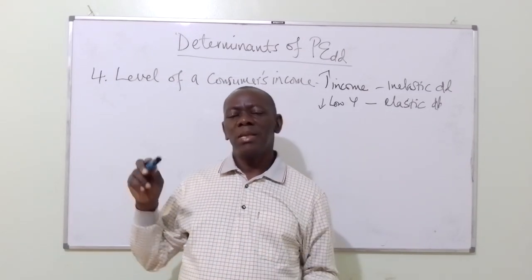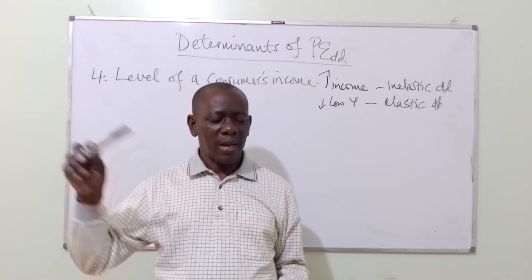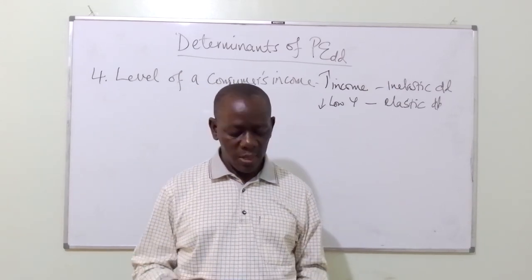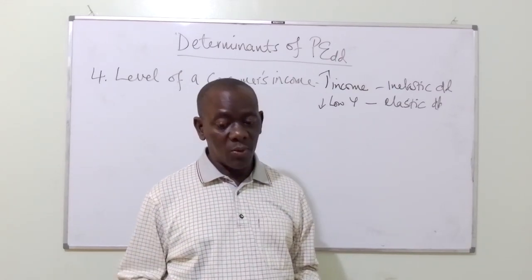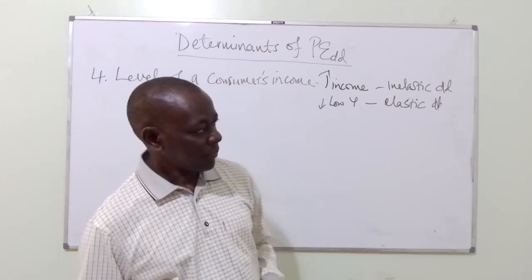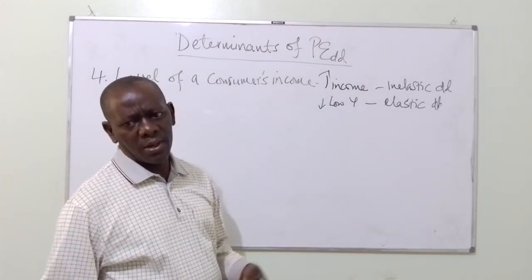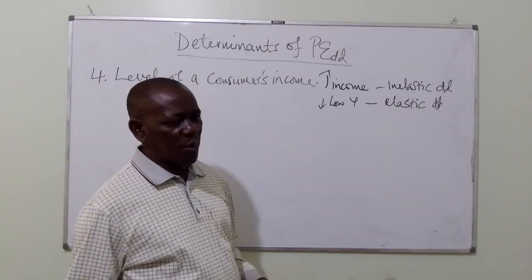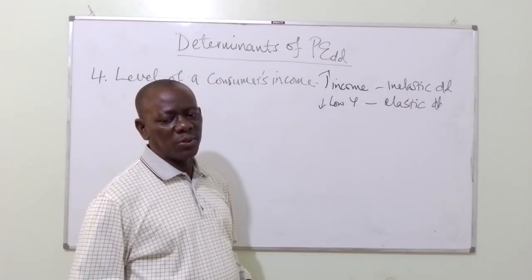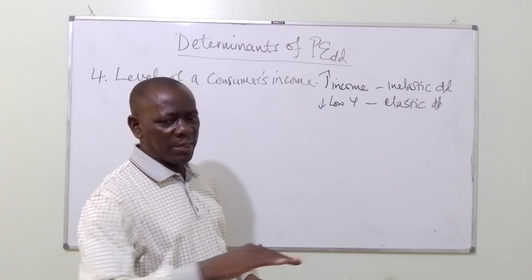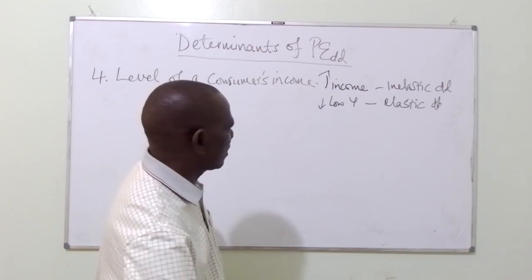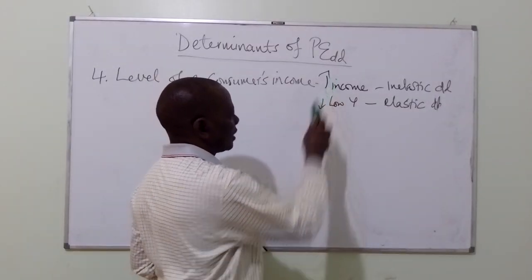It tends to be inelastic among those who have high income, and it is elastic among those who have low income. I've said I don't want to use the word poor because even in the poor countries, we have very rich people. So the moment you say poor, the person may not know where is the poverty line. That's why you say low income. Measure your income and see, is it low, is it high?